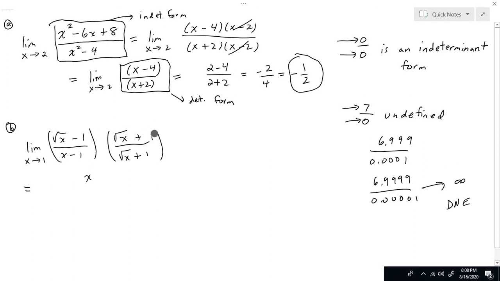Then the square root of x times 1, so square root of x, and then the square root of x times -1. The last would be -1 times 1, -1. First, outer, inner, last. That's what we get when we FOIL. You might be tempted to FOIL the bottom, but you really don't need to, so I'm not going to.